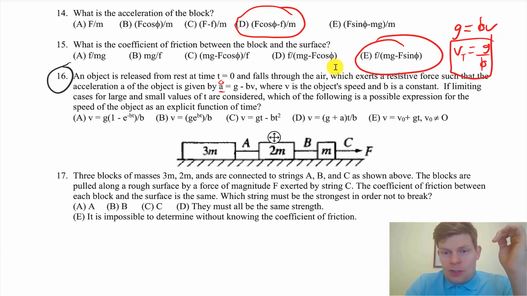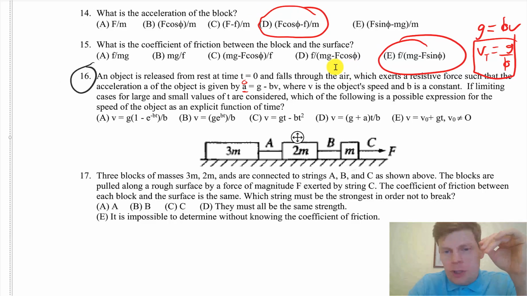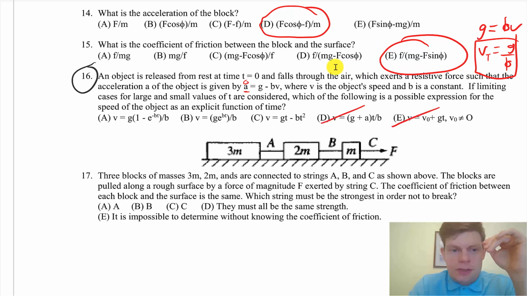This one again, if you set t to infinity, v would be infinity. Infinity times a constant divided by another constant is still infinity. So not that one. If you look at this one, this would actually go to negative infinity because infinity squared beats infinity, so you're subtracting infinity squared. So it's not that one.